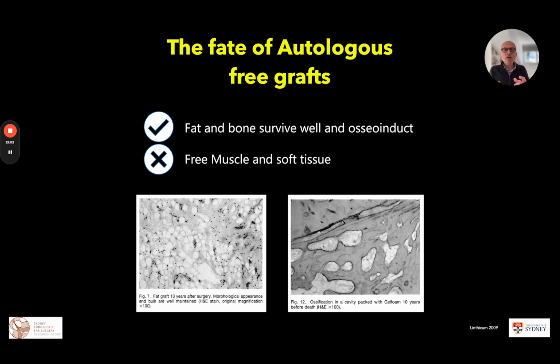And they actually osteoinduct. And by that I mean when you put the grafts in, it creates angiogenesis and new bone formation within the actual graft itself to recreate the bone trabecularly within the obliterated cavity. Free muscle and soft tissue, interestingly, doesn't tend to survive as well as free grafts.